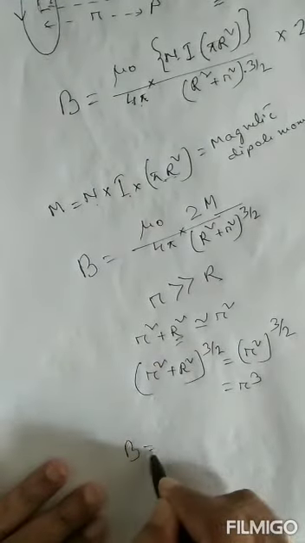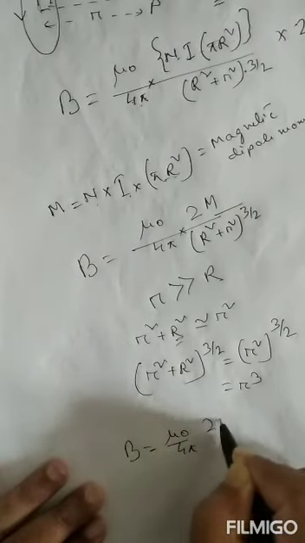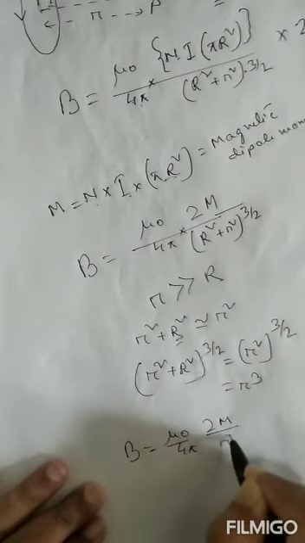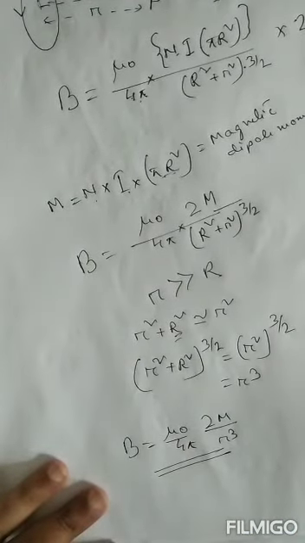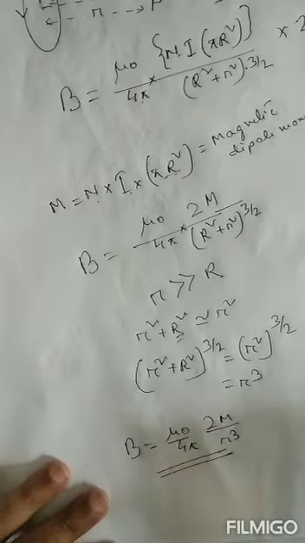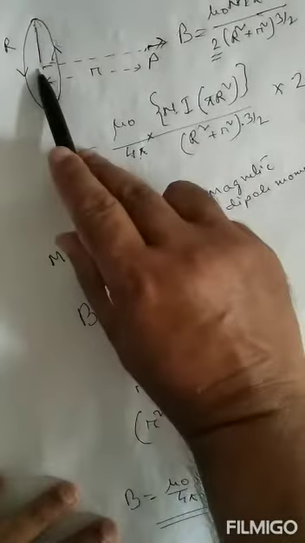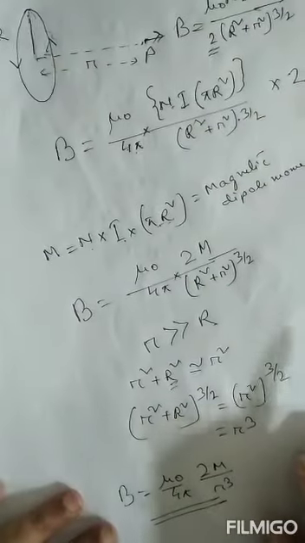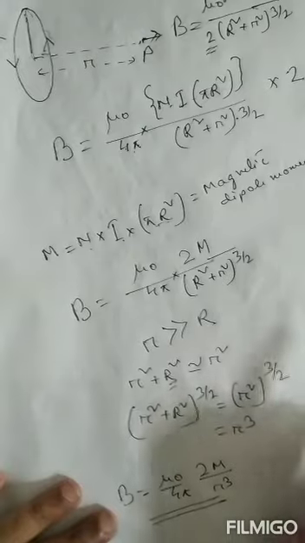So B is mu 0 by 4 pi twice m divided by r cube. This is the value of magnetic field induction at an axial point of a circular current carrying coil.